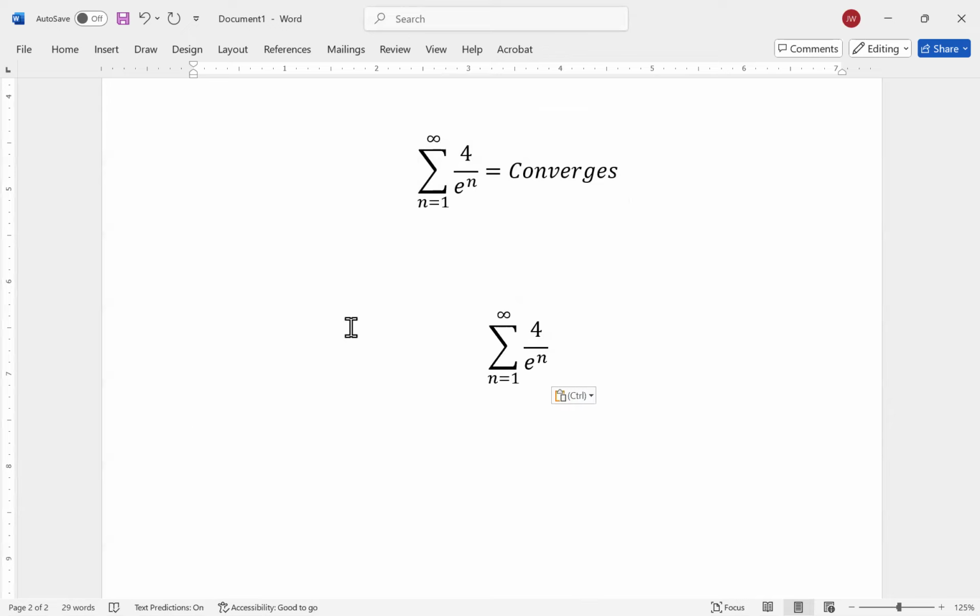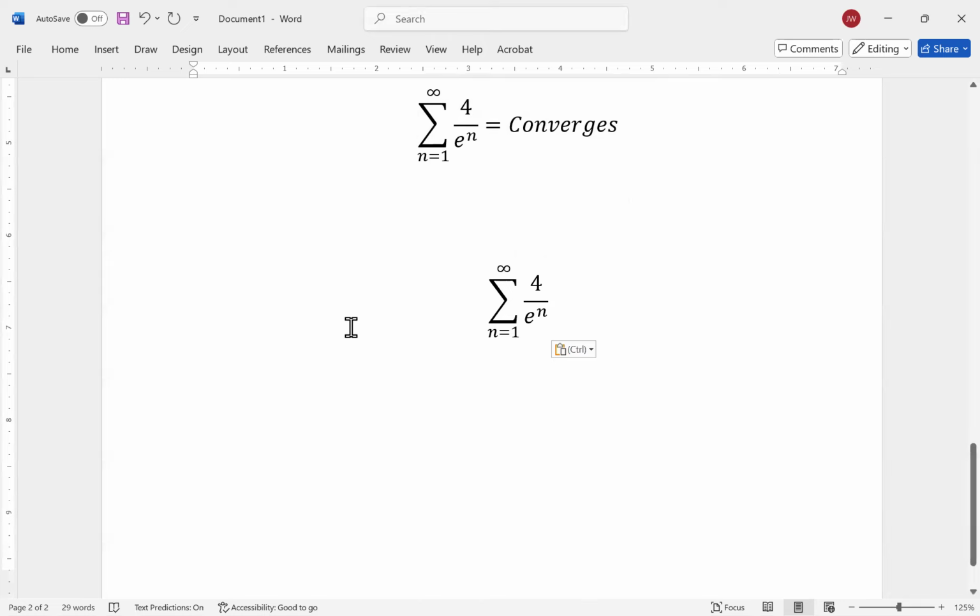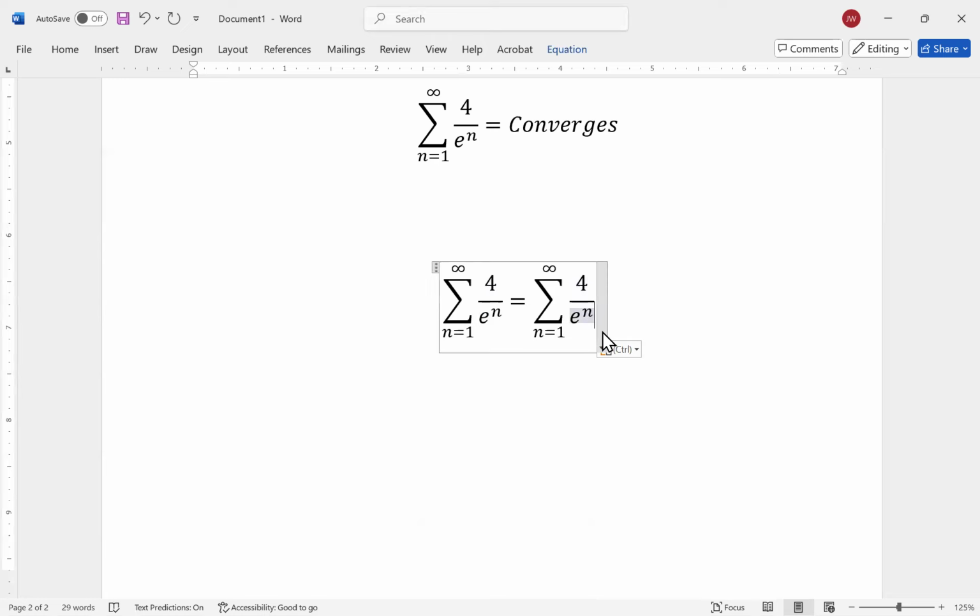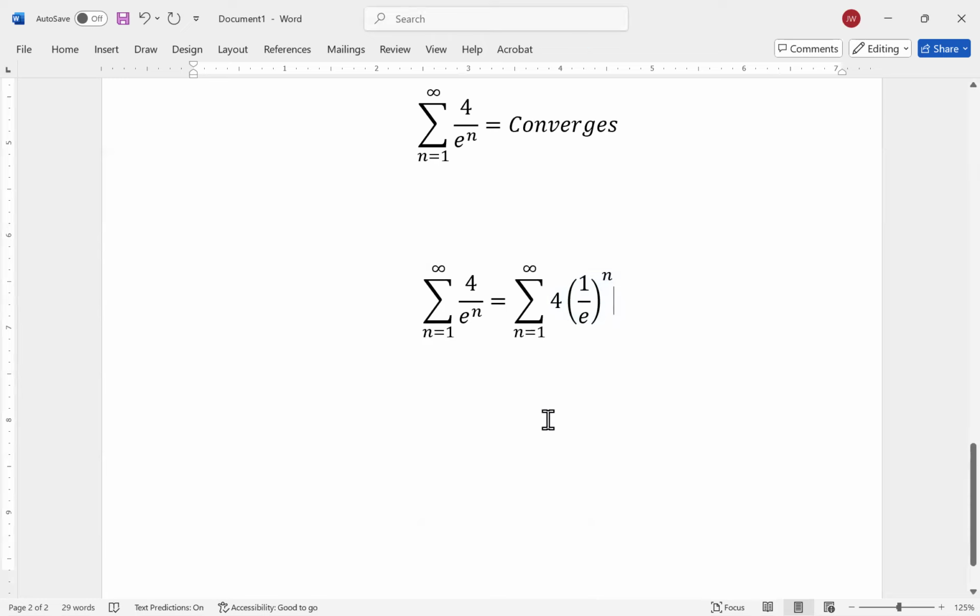In our previous video, we looked at the geometric series test, and it turns out this is a geometric series. This is like 4 times 1 over e raised to the nth power. And starting at 1 as my sum.